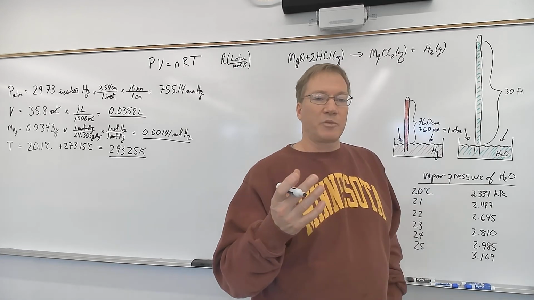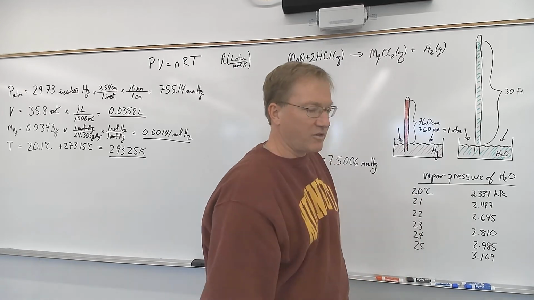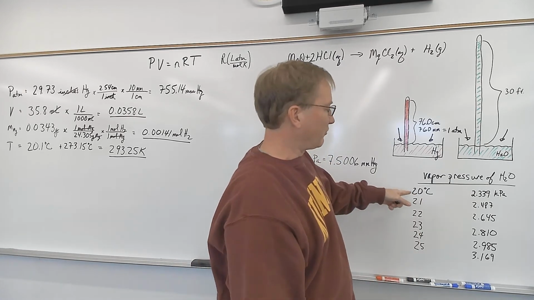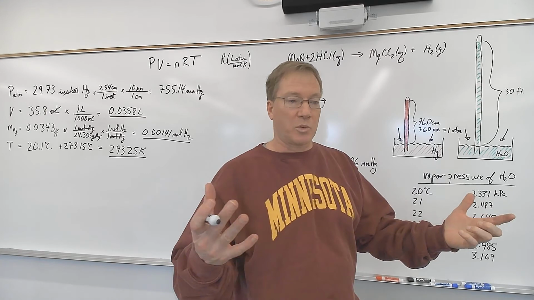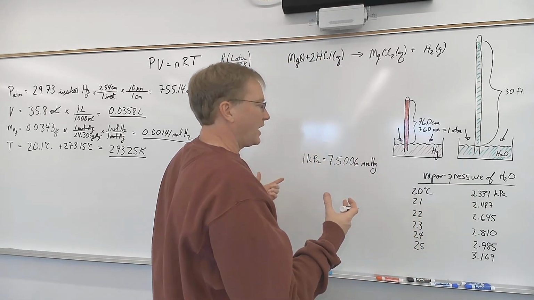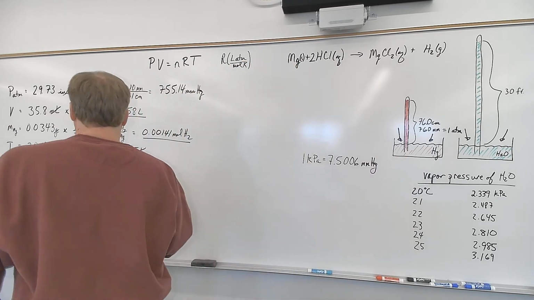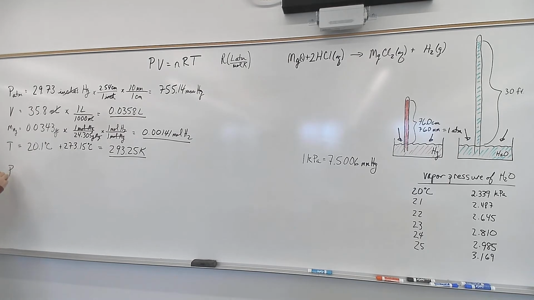And you can find resources that give you more significant figures than just the 2 sig figs that we're seeing here, right? So you can find a source that tells you what it is at 20.1 degrees Celsius, but we weren't given that. So we're just going to approximate here, and we're going to use the 20 degrees Celsius value.